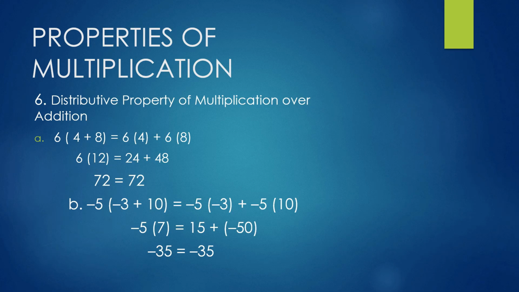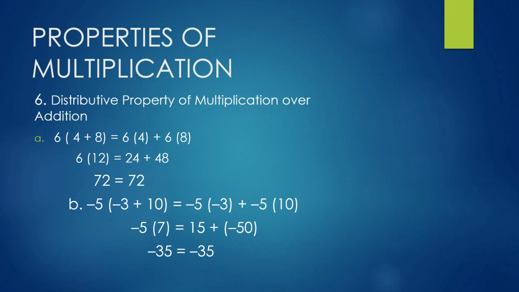Let us have letter B. We have negative 5 multiplied by the quantity of negative 3 plus positive 10. Distributing negative 5 inside the parentheses, we have negative 5 multiplied by negative 3 plus negative 5 multiplied by positive 10. First, on the left side, we have negative 5 multiplied by 7.